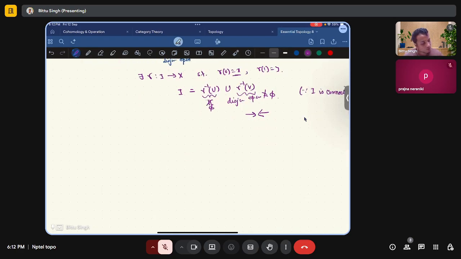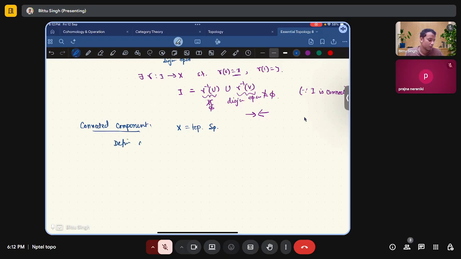Now let us recall what connected components are. So let X be a topological space, and we define a relation.